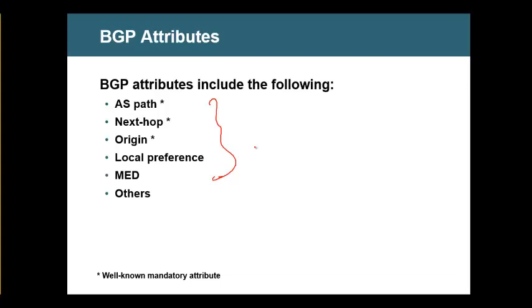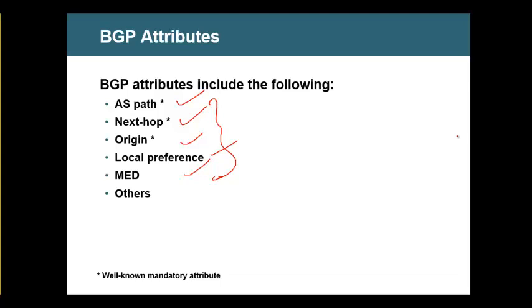You cannot configure them. You will be able to change the next hop, origin code, local preference, MED. You can even change the AS path by writing some route maps. You can use these to manipulate the path selection. But the other attributes are just utilized, that's all.